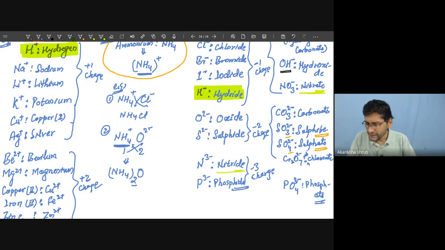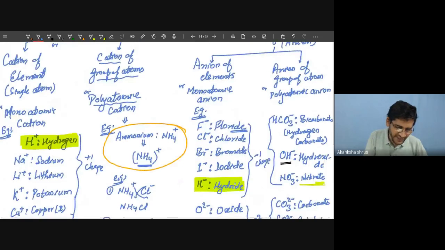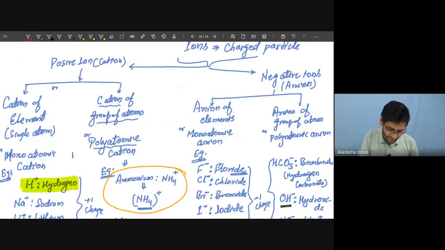But if PO4, then it carries 3 unit negative charge. It is called phosphate. So these are the ions that you must keep in mind. Do not forget this. It is very important. Students, here we are observing that we have 4 categories of ions.